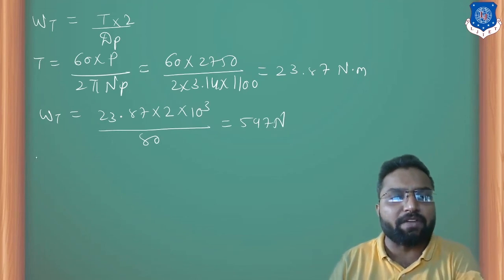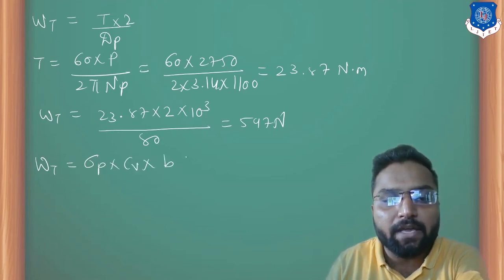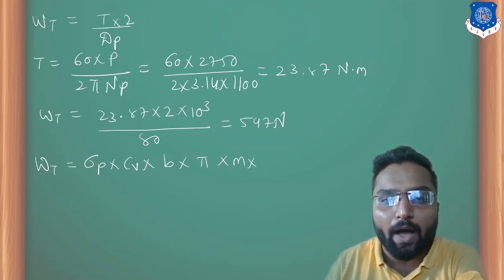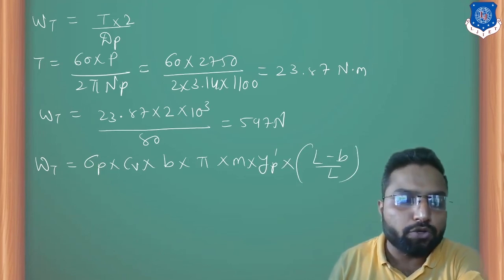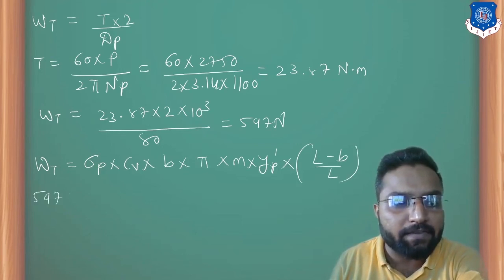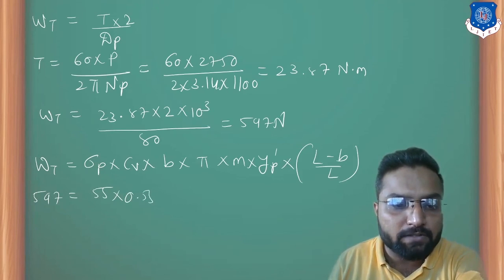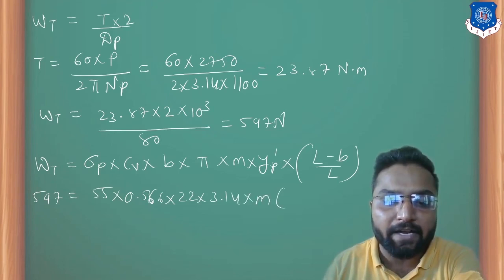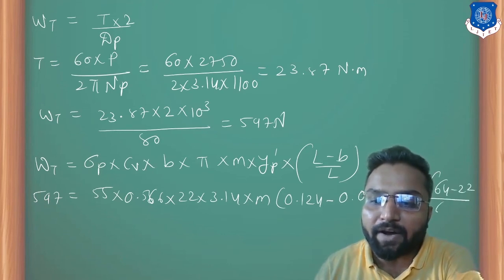So let's put this value into our previous equation. Wt is equal to sigma p into Cv into B into pi into m into yp dash into L minus B by L. Let's put in all these values: 597 is equal to sigma p, which was 55, into cv, which is 0.566, into 22 into 3.14 into module, which we have to find, into 0.124 minus 0.00668 of module, into 64 minus 22 divided by 64.